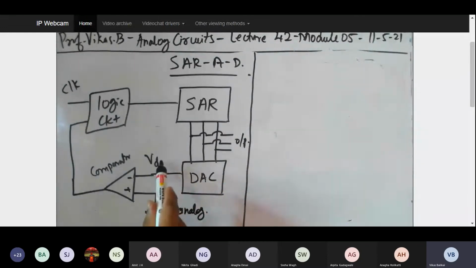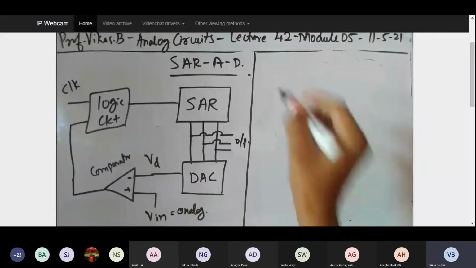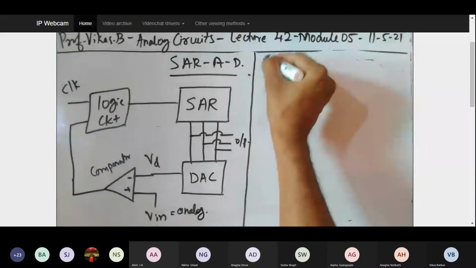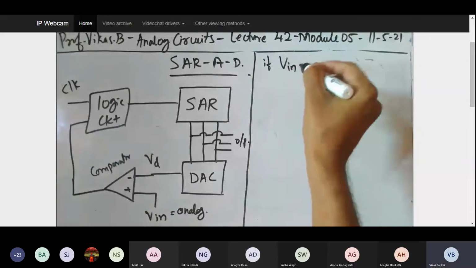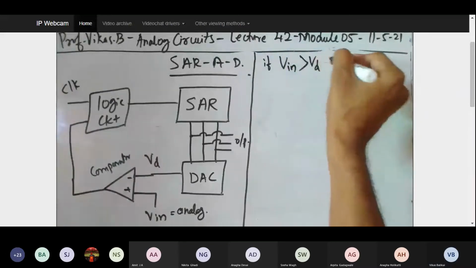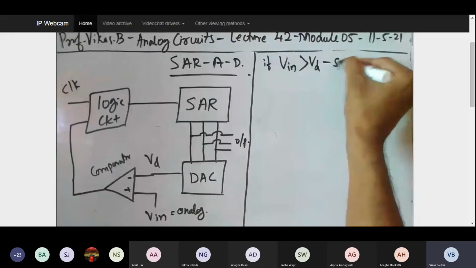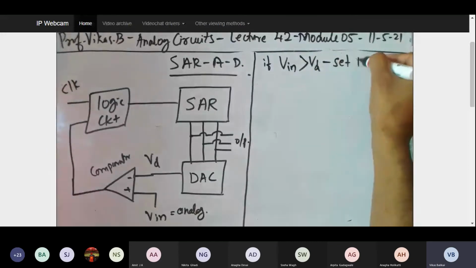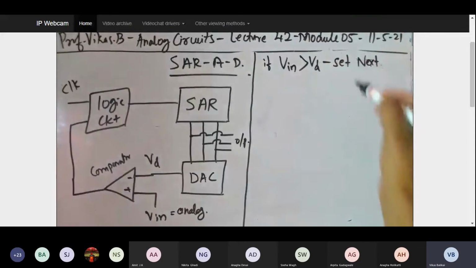So this analog voltage and the given input analog voltage will be compared, and the comparison formula is something like this. If Vin is greater than Vd, I'm going to use one particular trick over here.